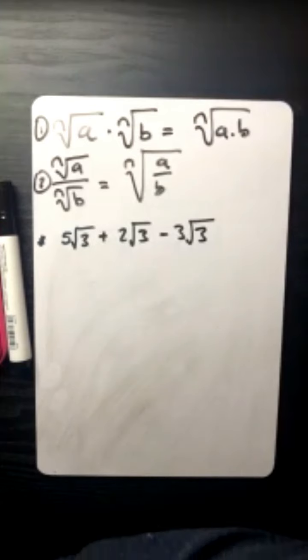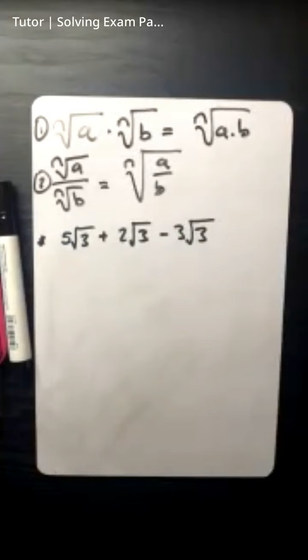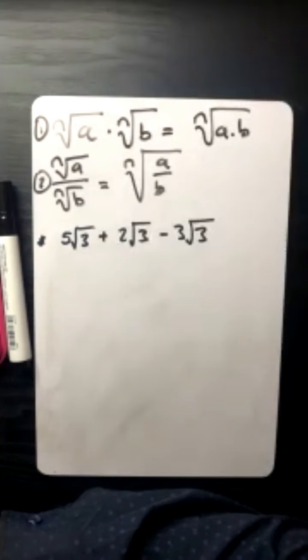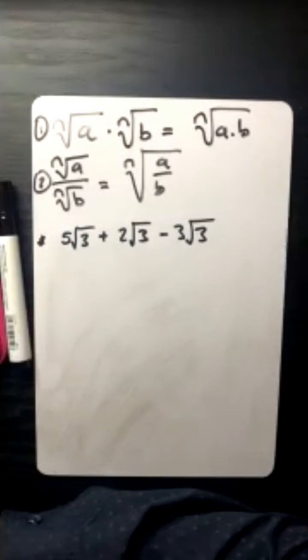Yes, sir. Can I please try? Let me see. We've got who and who? Prudence. Prudence, yes, you can give it a try. So, since we have the same number under all of the square roots, we're going to use only one. So it's going to be 5 plus 2 minus 3 into square root of 3.